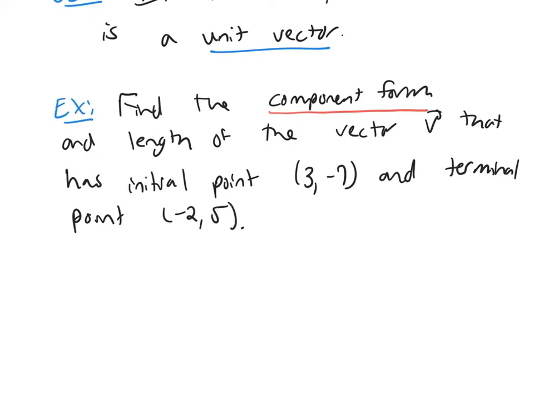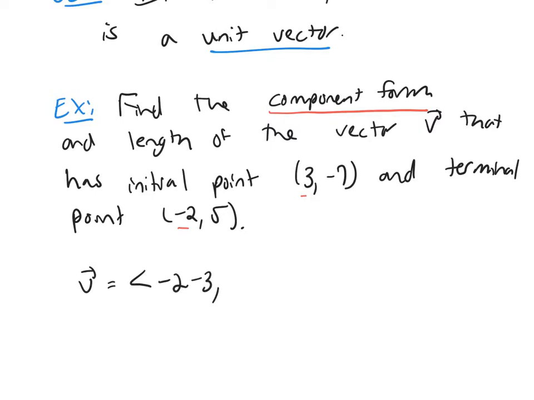So remember, to write this vector in component form, I take my terminal point and subtract the initial. So look at my terminal point, -2, and I'm going to subtract 3. -2 minus 3.